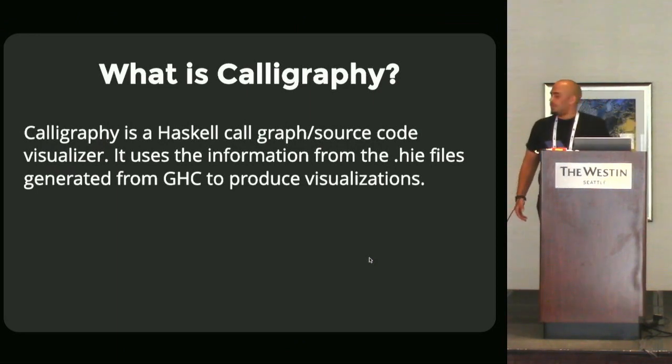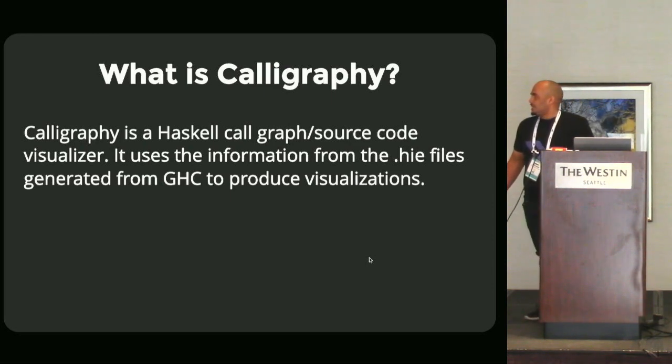It uses information from the HIE files generated from GHC to produce visualizations. And for the uninitiated, HIE stands for Haskell Interface Extension. They're binary data that's produced from GHC during the build process, and it contains serializable data related to Haskell modules such as type information, metadata, and the like.